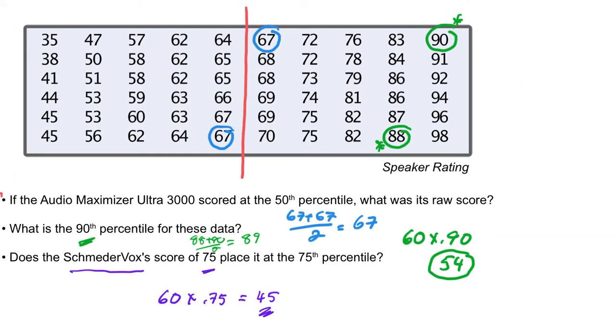And that puts us here at 79. So we add the two together, and hopefully you can see that that result would be 80. So the answer to that question is no. A score of 75 does not place it at the 75th percentile. It's well below that value.